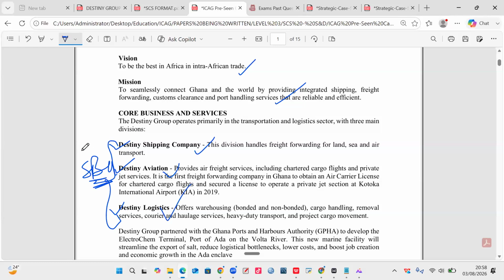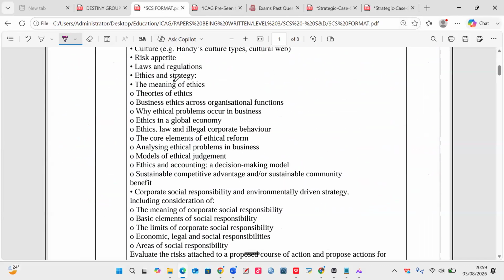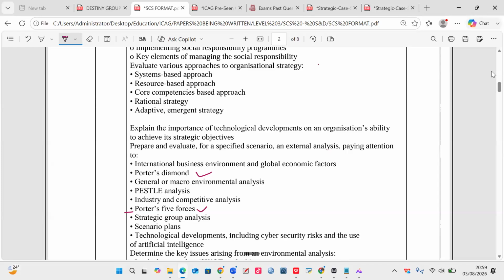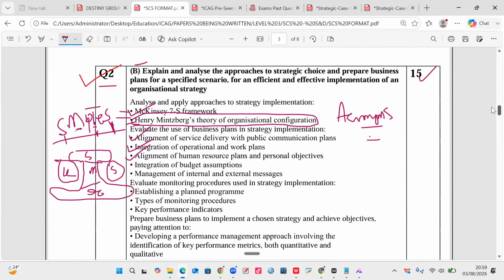Because it's an SBU, my thinking was, what tools are used to analyze SBUs? I believe the lecturer will cover that. During the coverage, he will let you know tools which are used to analyze SBUs, strategic business units. And some of those tools are here. I think it's usually in question 2.